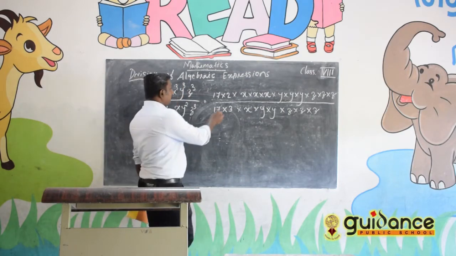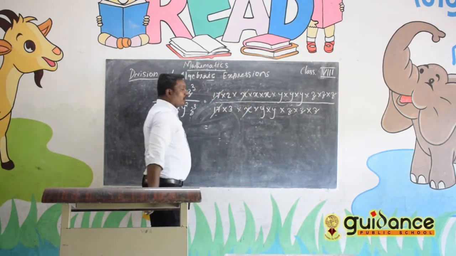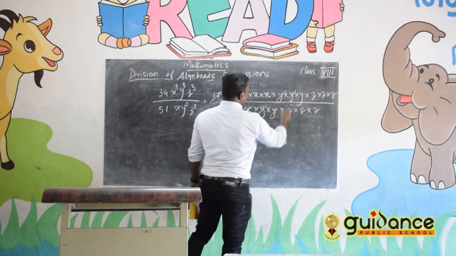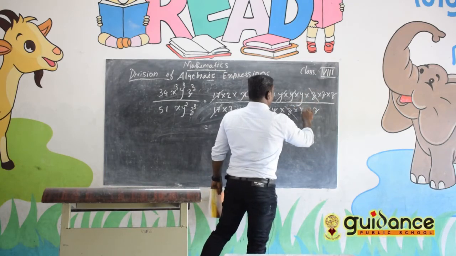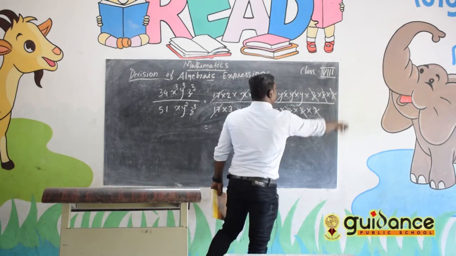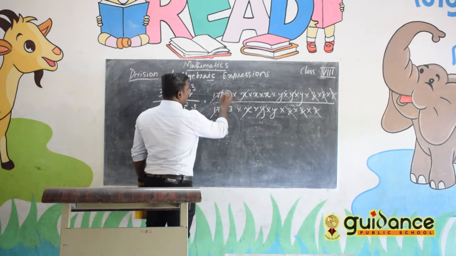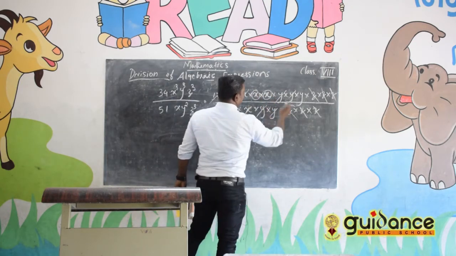So you can see that 17 and 17 we can cancel. 1x from the denominator and 1 from the numerator. 2 y's from the denominator we can cancel from the numerator, and all 3 z's. Look here, all 3 z's we can cancel from numerator to denominator. So the answer is the remaining portions we have to consider: 2, x into x and 1y.